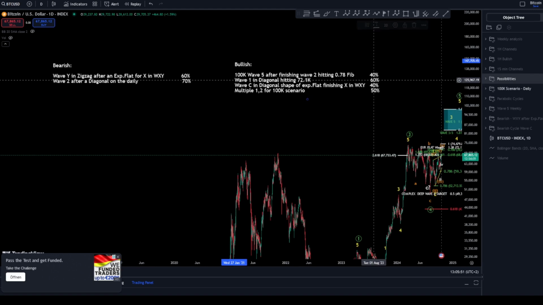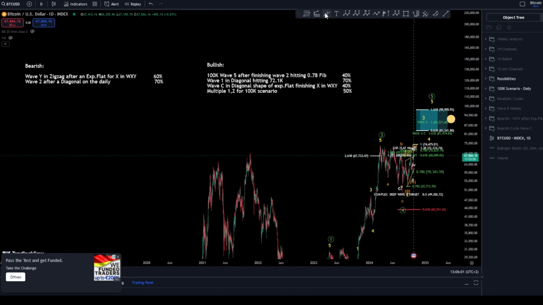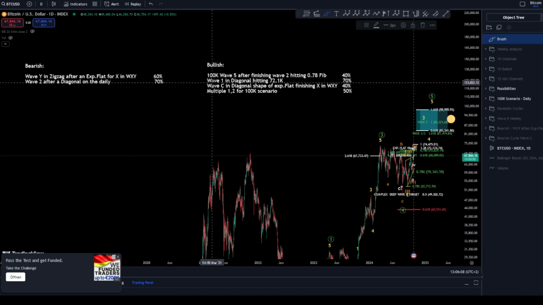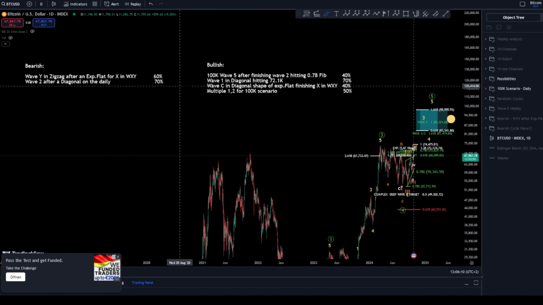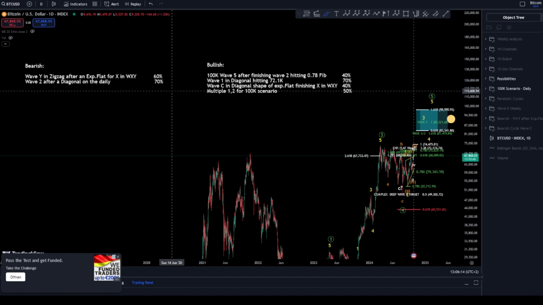So therefore, I'm going to give this a higher possibility. I'm going to keep it high because I have to delete this one since we have hit the target, but I'm keeping it related to this one. Because here, after hitting the wave 1, now as bearish, you are in wave 2 after the diagonal.